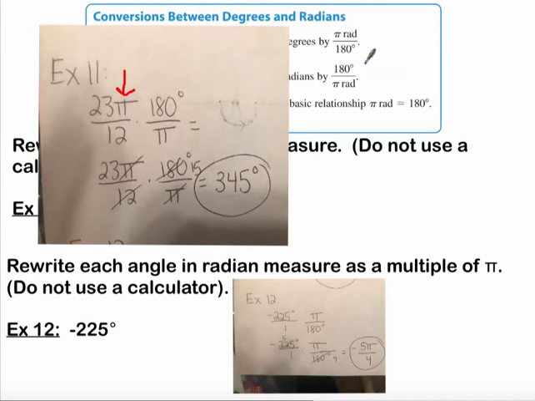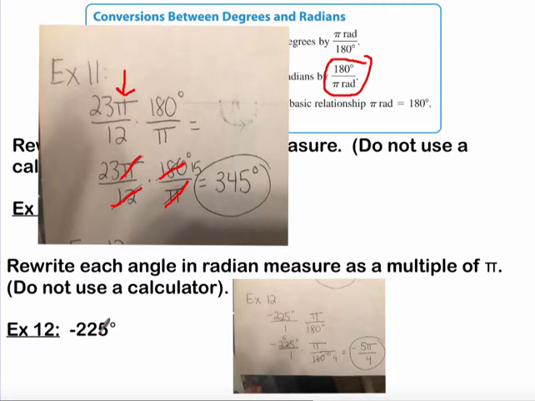So in this case, I'm going to use this ratio here, 180 degrees over pi. You can see I did the math down here. The pi's will cancel, and then I want to start thinking, what goes into what? Well, because I'm good at my times tables, I know 12 goes into 12 one time, and 12 goes into 180 15 times. Then I would multiply across. 23 times 15 is 345 degrees.